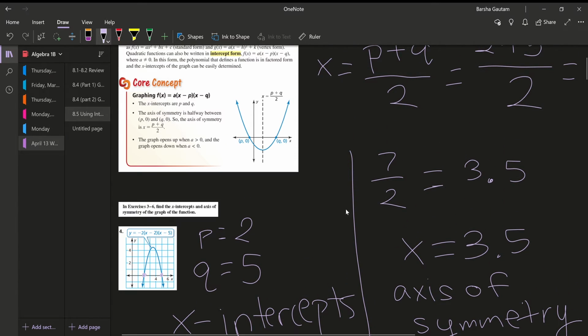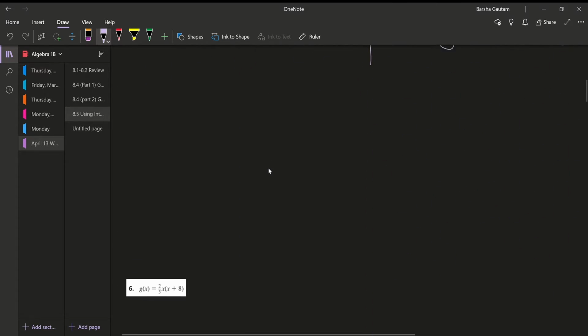So remember, once again, this is p, and this one's q. And these are our x-intercepts. And when we add them together and divide it by 2, we get the axis of symmetry. Okay, continue to the next one.